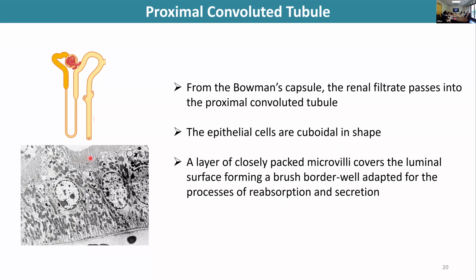If you see at the top, there are a lot of microvilli forming a thick layer, and it's a characteristic feature of the proximal tubule. This is why they are so enriched, because it helps in reabsorption and also in secretion.